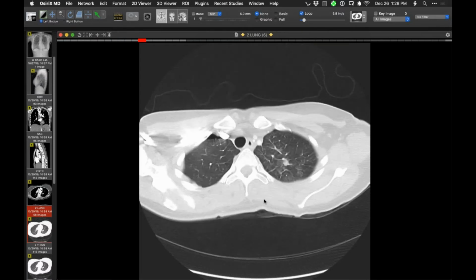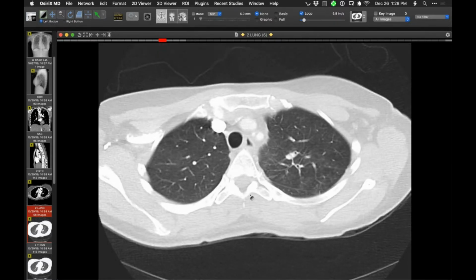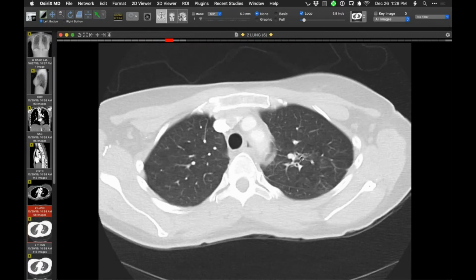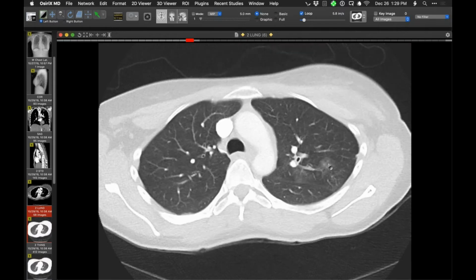And what's also interesting to me is that we have regional interstitial edema in the sense that we have septal lines, and we even have peribronchial fluid cuffs of interstitial edema as well, and then some ill-defined ground glass opacity.